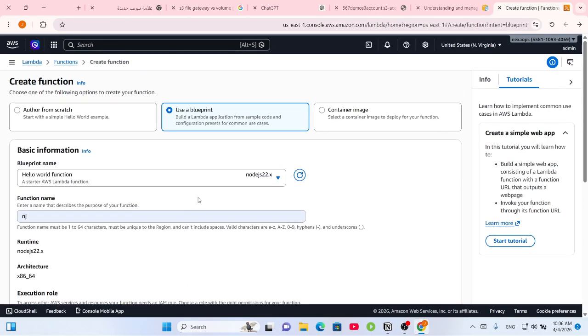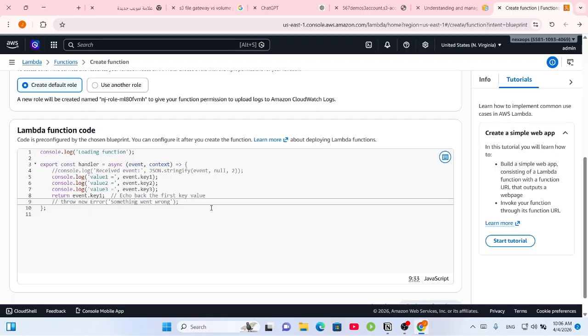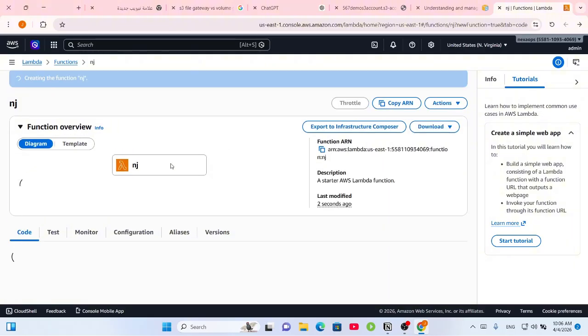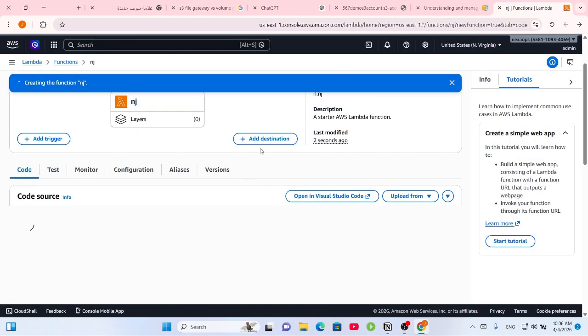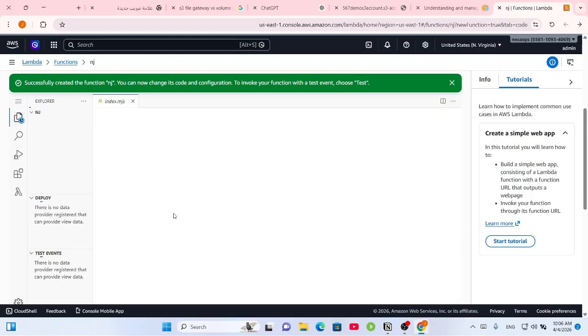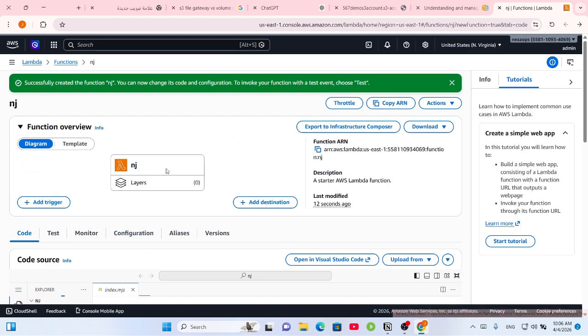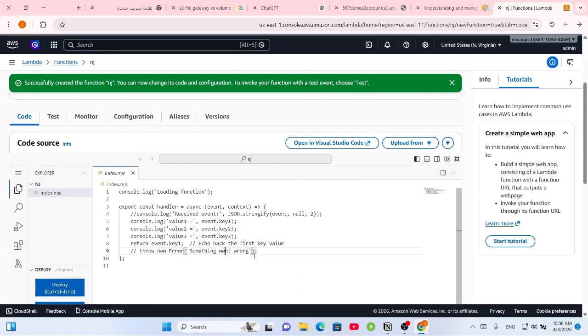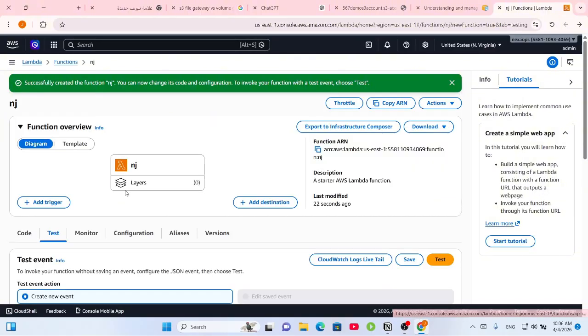So once you create a function, it's going to give you the output here. This is just a function, starter AWS function, and to run the code here, and you can test it from here also.